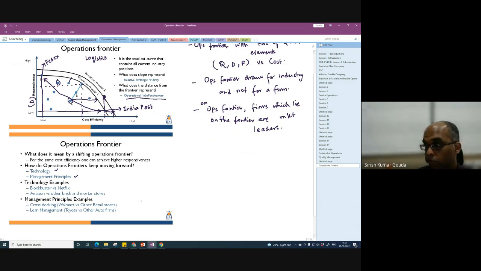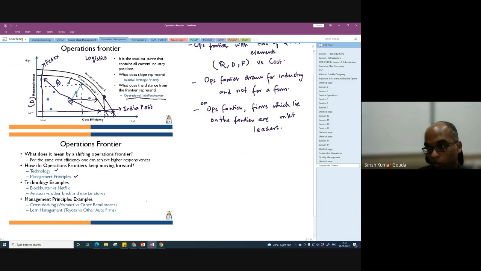Another example is from Walmart. Walmart brought in the concept of cross docking. Cross docking is the process where they wanted to reduce the overall time spent by the products in the warehouse, so that products which are to be consumed immediately, or for which customers have a lot of demand, go directly from the supplier's or distributor's location to the retailer's location, right?